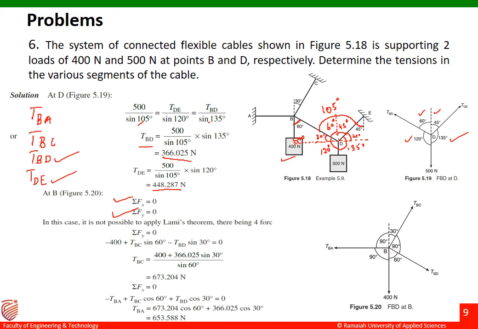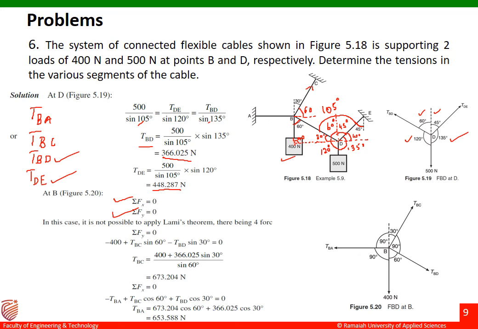plus TBC, that is this one, plus TBC sine 60 degrees. I'll just draw a line like this here. So this is my 60 degrees. This TBC is making an angle of 60 degrees with respect to the horizontal, and it is acting upwards.